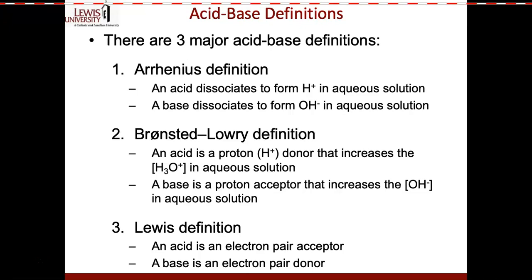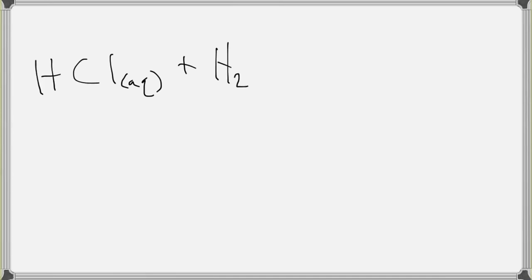Here we have the opposite. The acid is an acceptor, but it's not accepting the proton. It donates the proton by accepting the electrons. So if we go back to that reaction we have with HCl, think about what happens. We have HCl and we have water, and I'm just going to draw a set of lone pairs on the electrons on the water there.